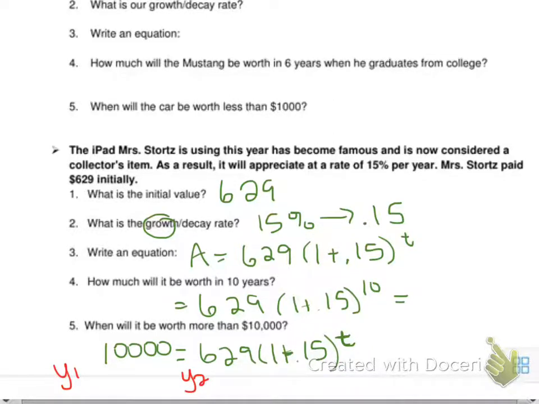I want you to try that for me. See if you can find it. I believe the answer is 20 years, and the answer for 10 years is $2.545. So see if you can find the intersection at 20 years in your calculator.